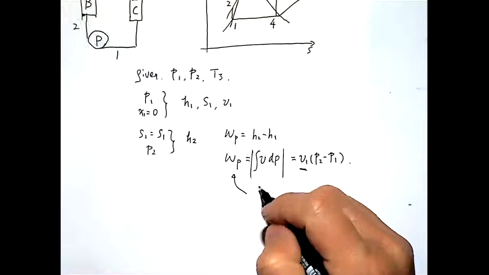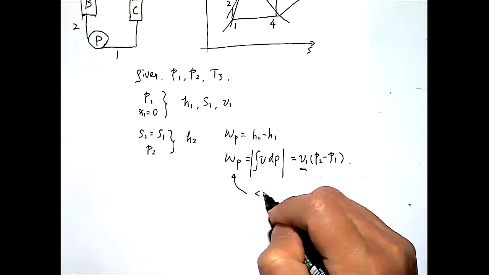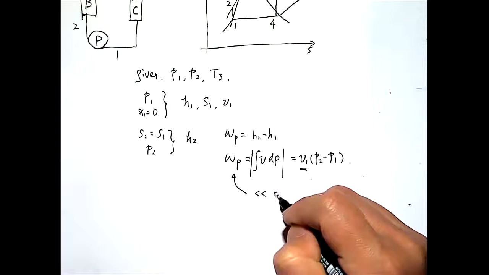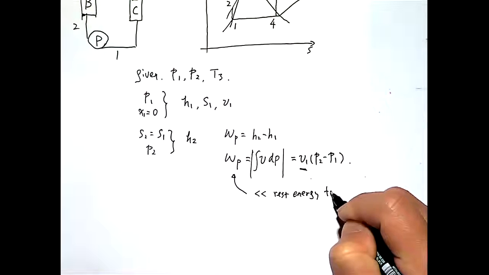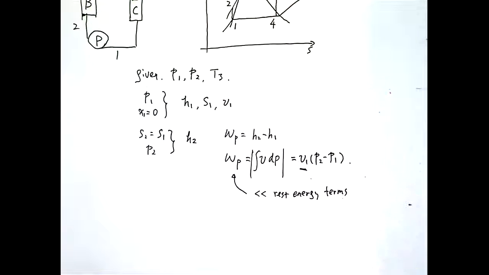So this is much smaller than the rest of the energy terms. Even if you throw it away, it doesn't cause much error. Although if the problem is asking you to calculate it, you do not want to throw it away.